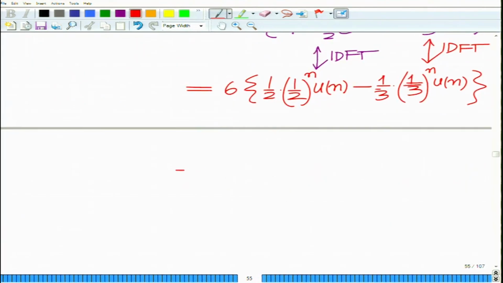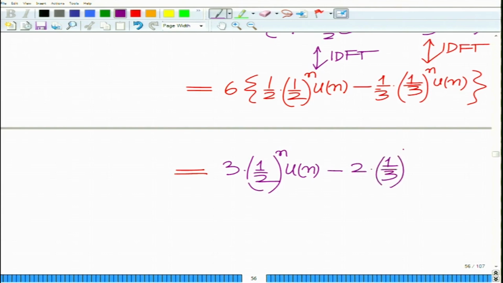Now if you simplify this, it will give you 3 times half raised to the n u[n] minus 2 times 1 over 3 raised to the power n u[n].